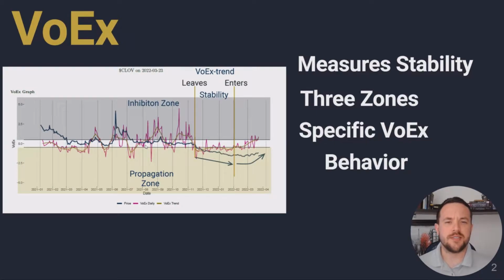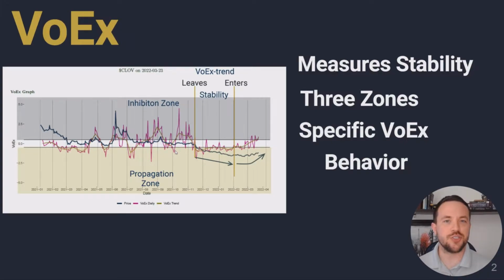One of the questions I'm asked often is, does the position of the price in comparison to the three zones we're going to talk about have an effect or have a meaning? And the answer is nope. The VoEx graphs are completely designed and centered around VoEx, and so it is only the location of VoEx that is important to us.